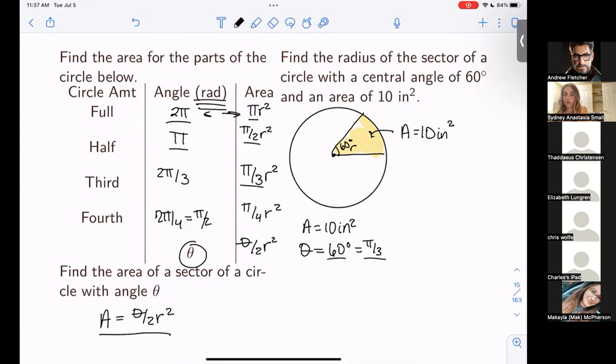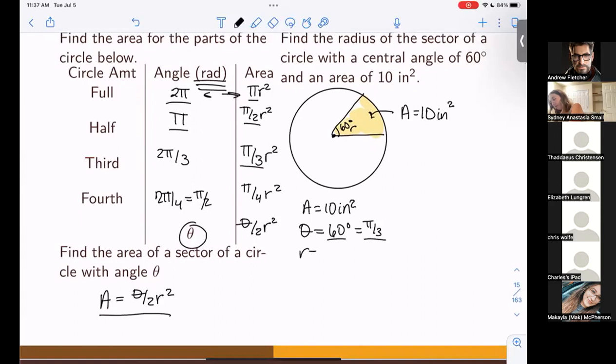You can do the conversion to confirm this, but hopefully pretty soon you will just be able to recite it right off the bat. Because this is in degrees, we need to convert it to radians, and 60 degrees is pi thirds radians. And we don't know r.